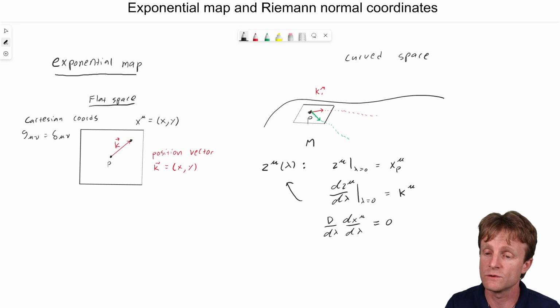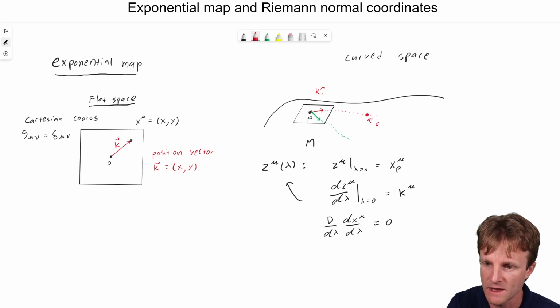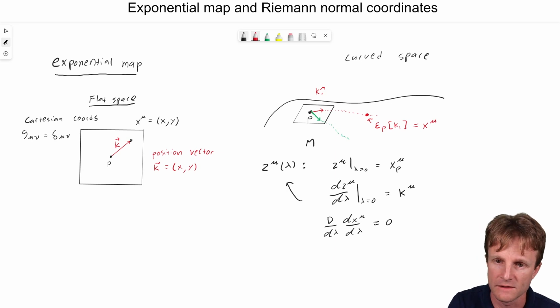And so what we want to do to generalize that in our exponential map is to pick a special point, which is going to be the exponential map of k. So this point here is going to be the exponential map at P acting on k1, and that point, call it x^μ, is given by unit affine parameter.